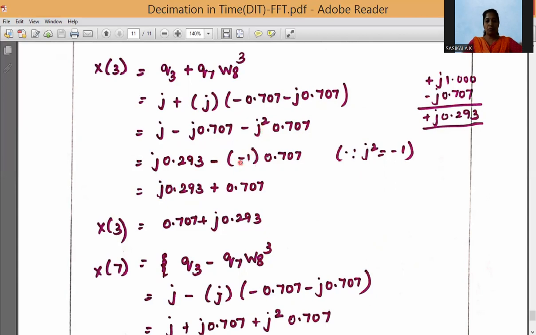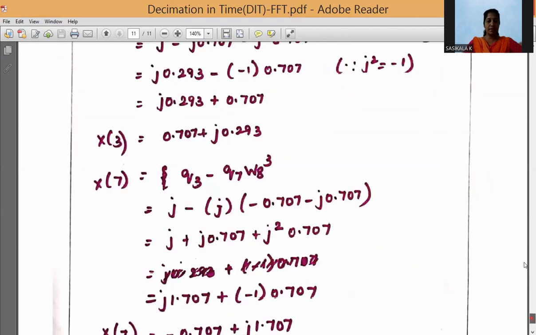So minus into minus 1 into 0.707, I will be getting 0.707. So here the coefficient of j is 1 and here the coefficient of j is minus 0.707. So 1 minus 0.707 is 0.293. So the X of 3 becomes 0.707 plus j 0.293.